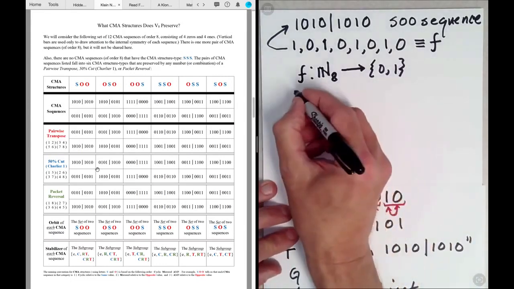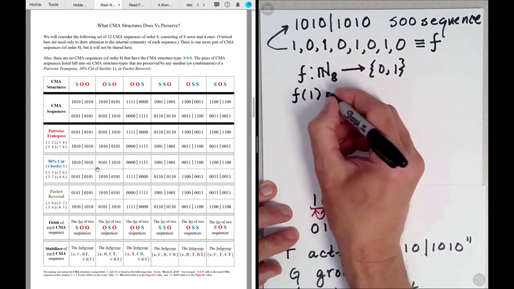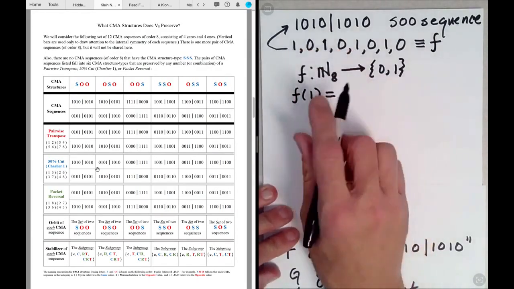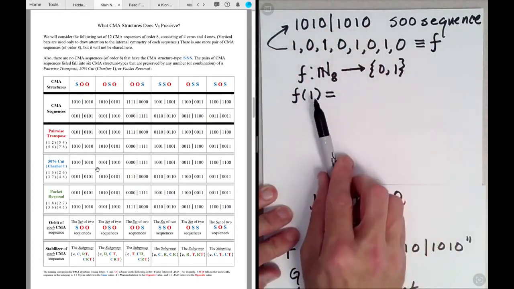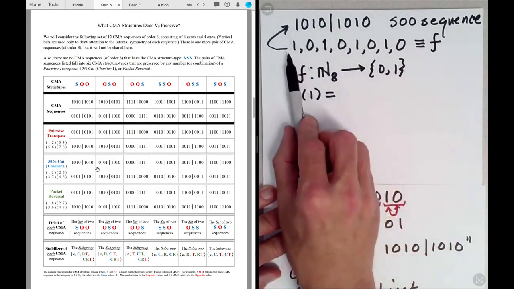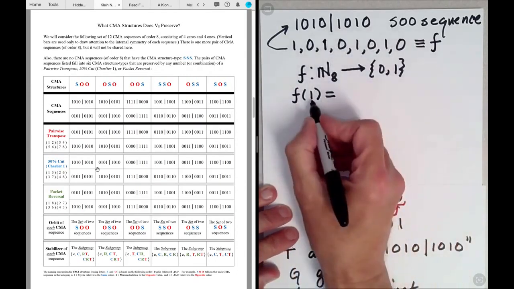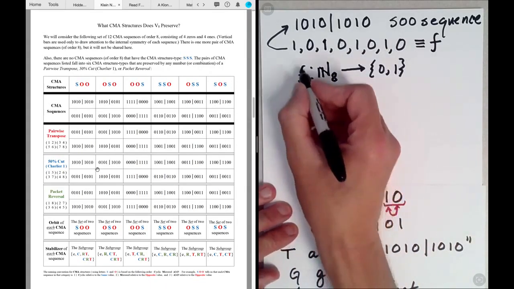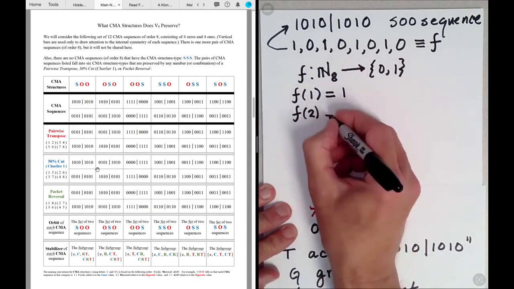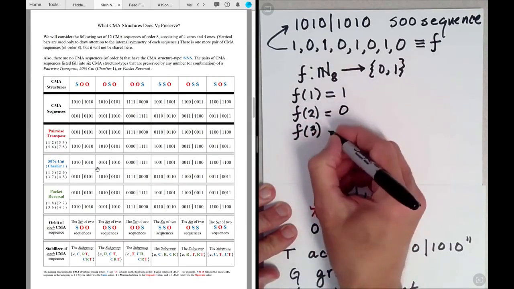Well, let's do that. So what does f of 1 give us? So the function f sends 1 to, so now the input here, 1, 2, 3, up to 8, is referring to the positions, 1, 2, 3, 4, 5, up to 8. So in position 1, what is the entry? It's a 1. In position 2, what is the entry? It's a 0. Position 3, it's a 1.